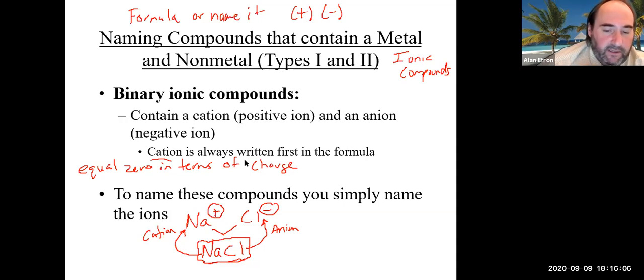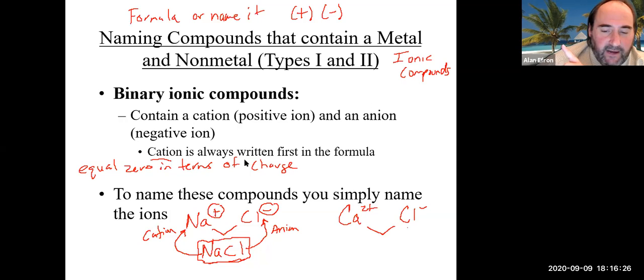So for example, if I took my calcium and hooked it up with my chloride, when I put these together, if I just put one of each of these, that would be +2 and -1, which means I would have a +1 charge left over.